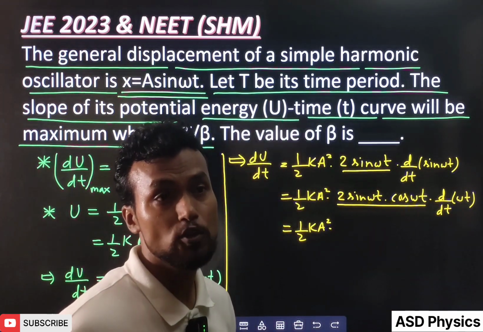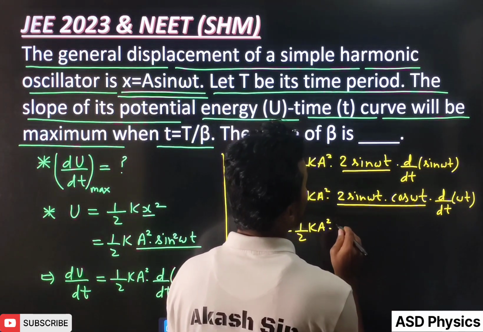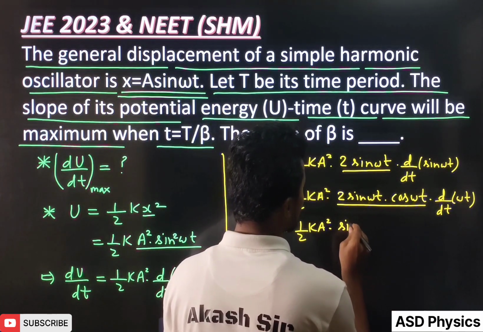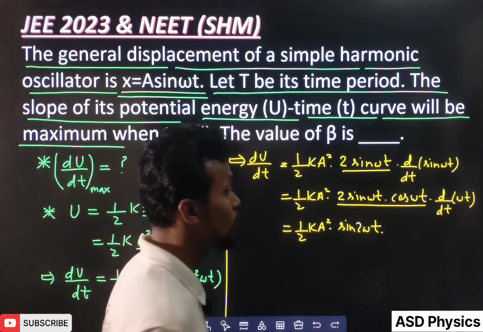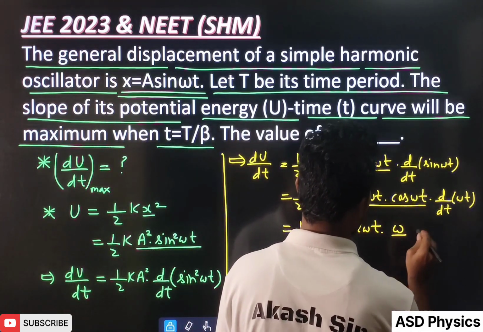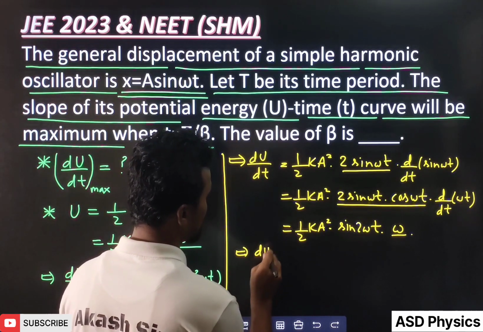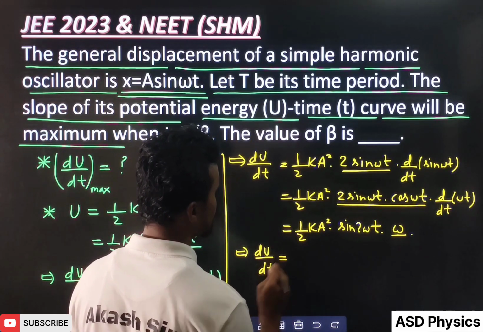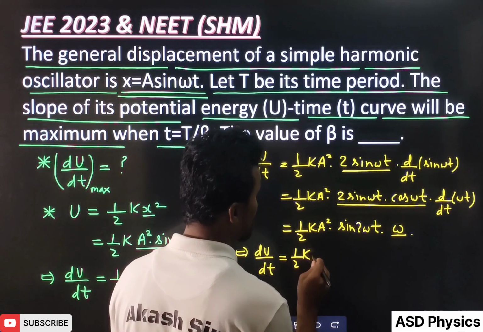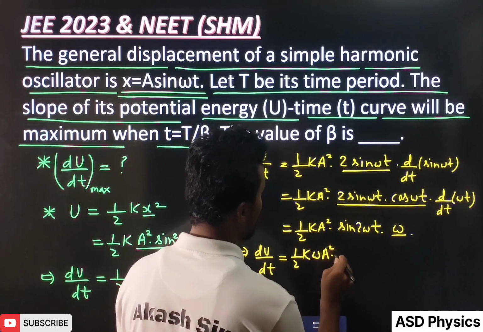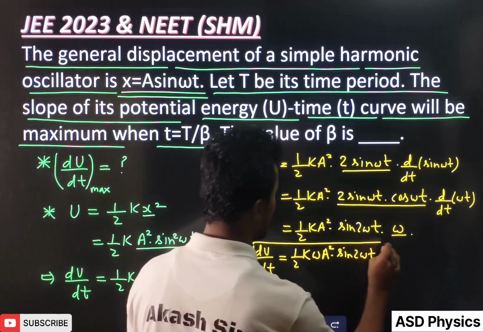You know the formula sin 2a equals 2 sin a cos a, so 2 sin omega t cos omega t is sin 2 omega t, into d by dt of omega t, which is omega. Collecting everything, du by dt is equal to half k omega a square into sin 2 omega t.